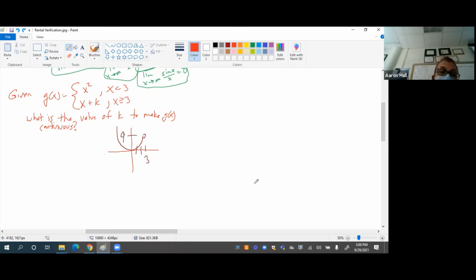It's linear. Do you see that if my linear doesn't match up right, it's not going to be continuous? Or even up here, right? That's not going to be continuous. I need something that starts here and continues here. How would I do that? Okay, you could think of transformations.